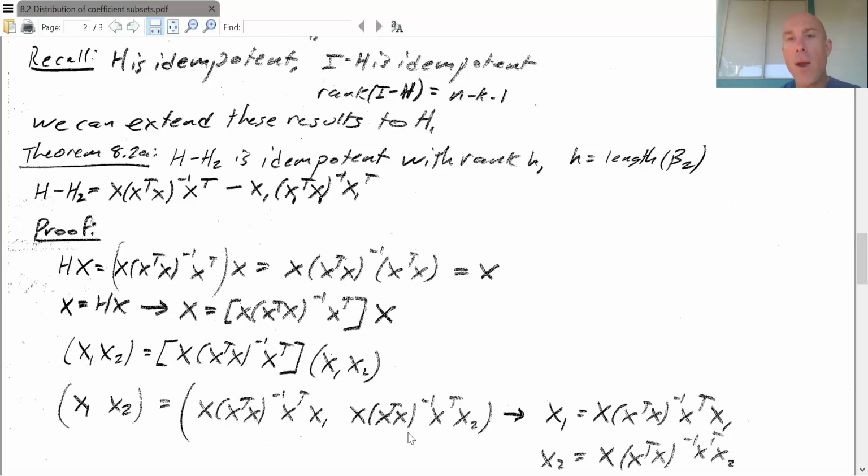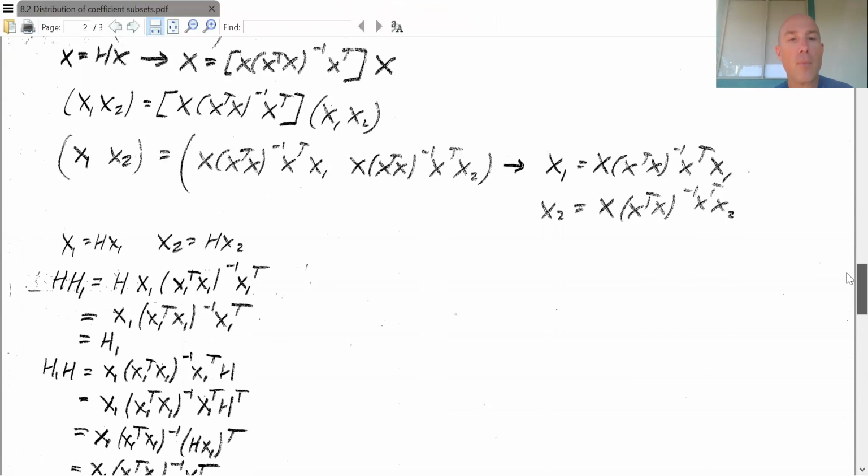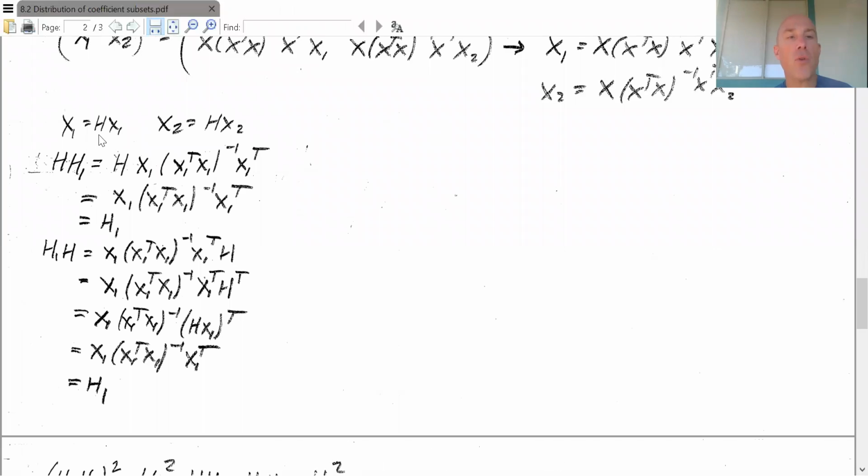The only way that this can work out, if I think about the dimensions in the entry positions of this matrix multiplication, is that X1 has to equal the full hat matrix times X1, and X2 has to equal the full hat matrix times X2. So X1 is equal to the full hat matrix times X1, and X2 is equal to the full hat matrix times X2.